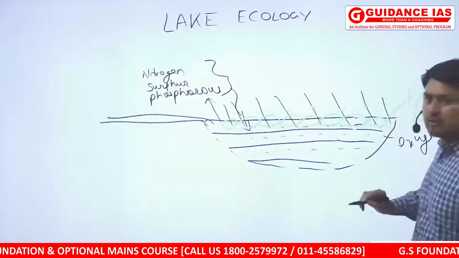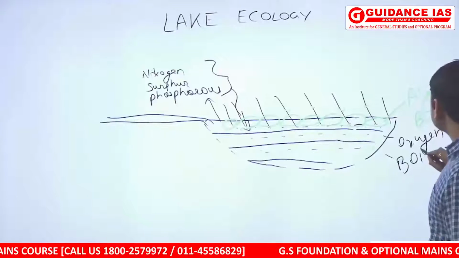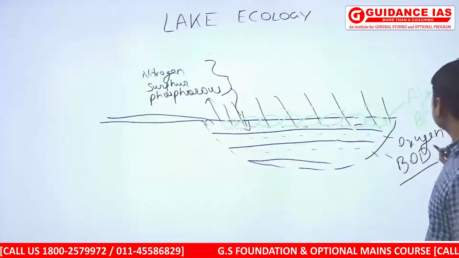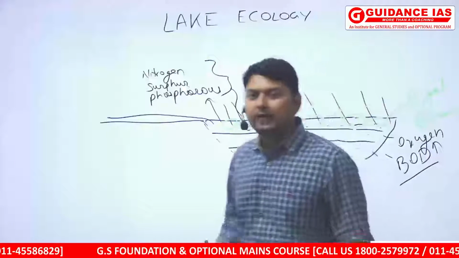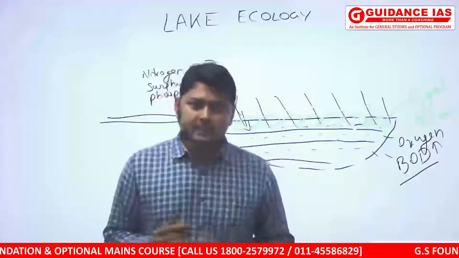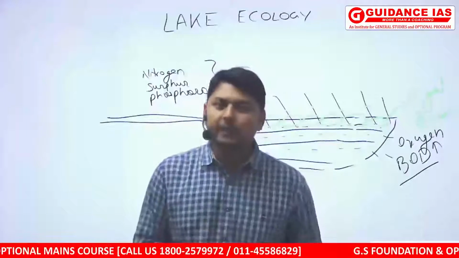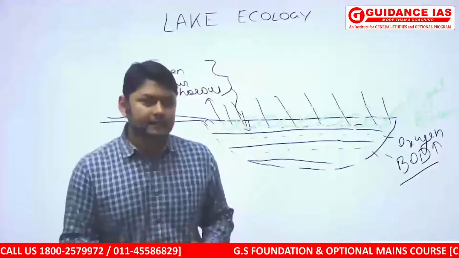because the dissolved oxygen, or we call it biological oxygen demand, of this lake increases. If the biological oxygen demand of a lake increases, that means that the amount of oxygen consumed by the organisms and animals of that lake has increased.